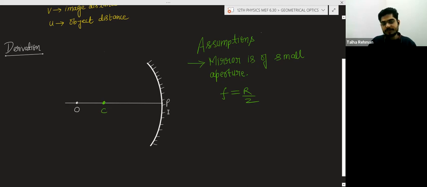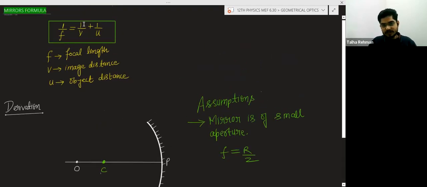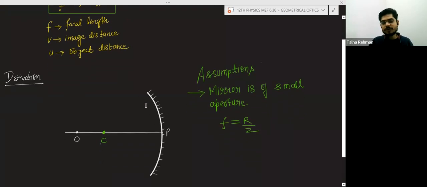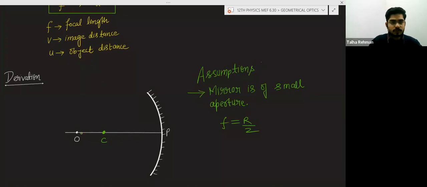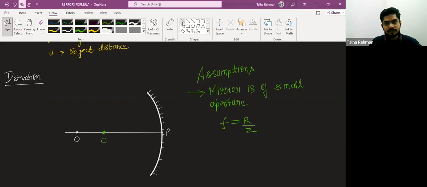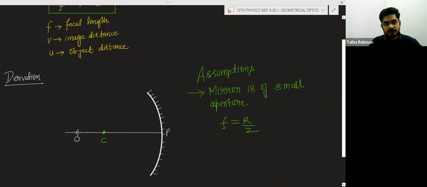I am taking the concave mirror and deriving this formula with its help. This can be derived with the help of a convex mirror also. This is the pole, this is the center of curvature, this is the object. Now, from this object, a ray of light is going in this direction, like this.